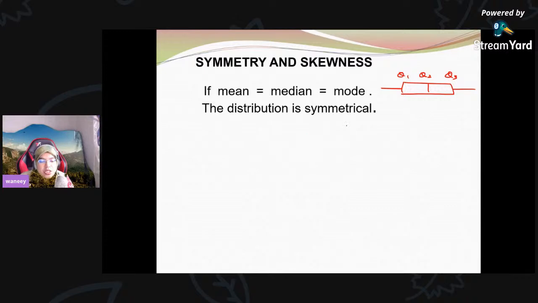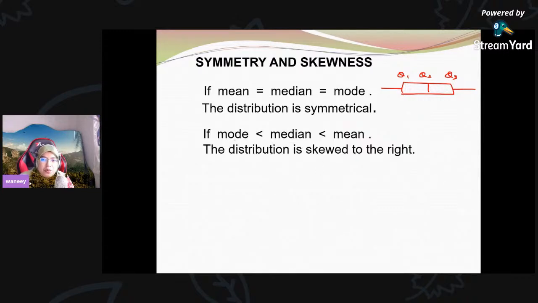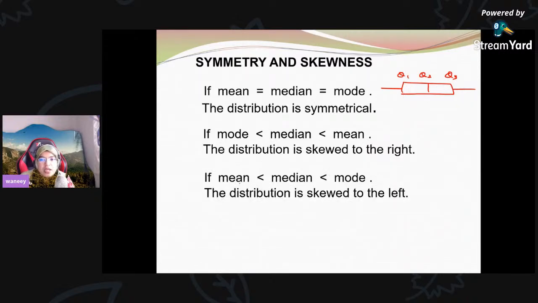So this distribution is called symmetrical. If the mode is lower than the median, lower than the mean, then this distribution is skewed to the right. If the mean is lesser compared to the median, compared to the mode, then the distribution is skewed to the left.